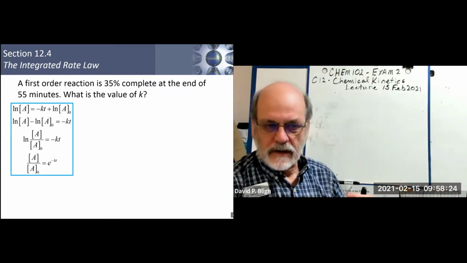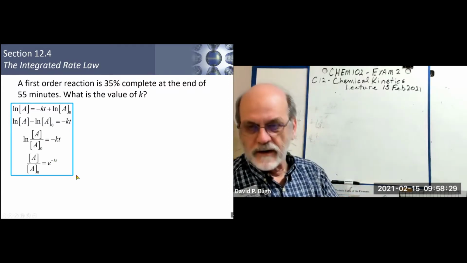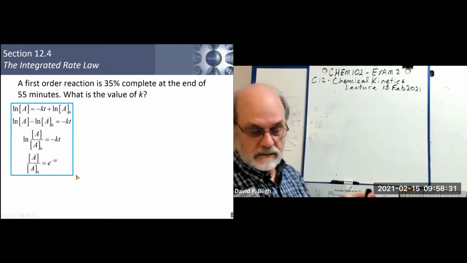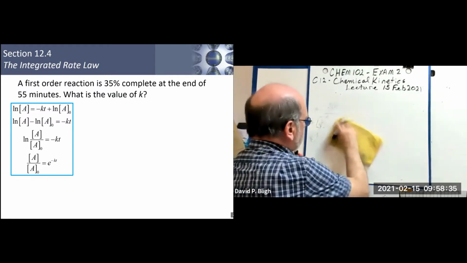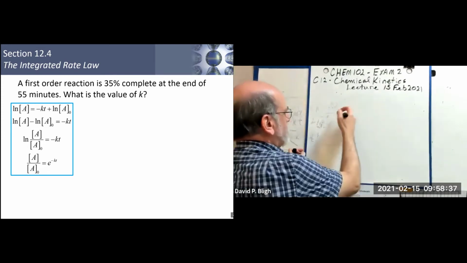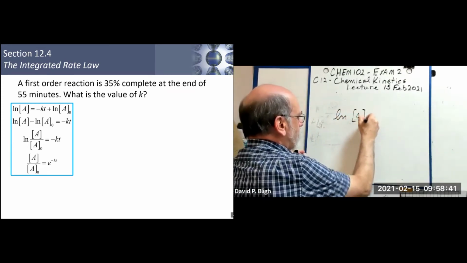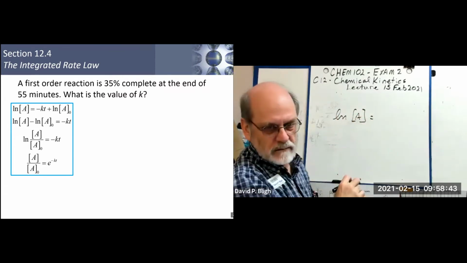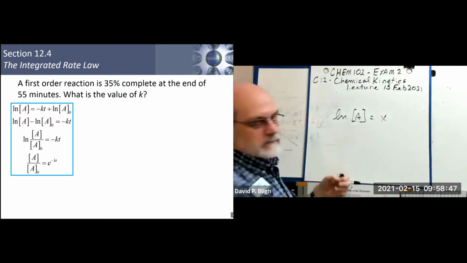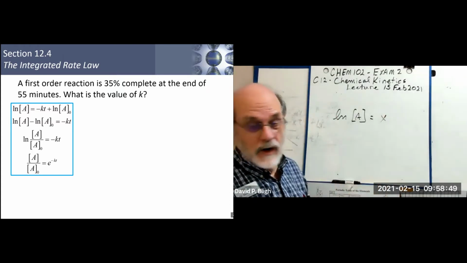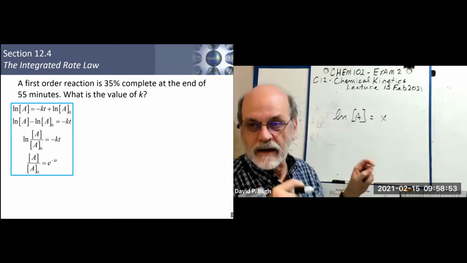Okay, so how do we go from here to here? Well, it's based upon the definition of logs, right? So if you say, what is the log of A equals something, equals X. Doesn't matter really. Well, every log has a base, right?